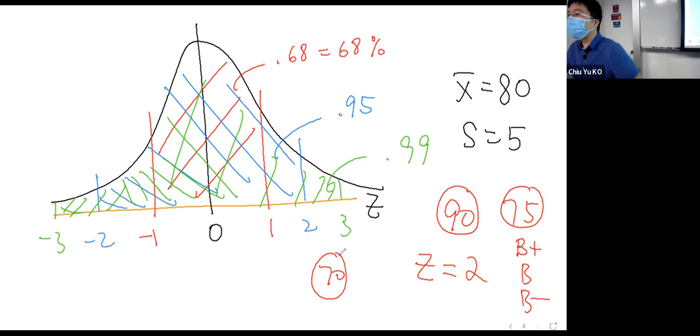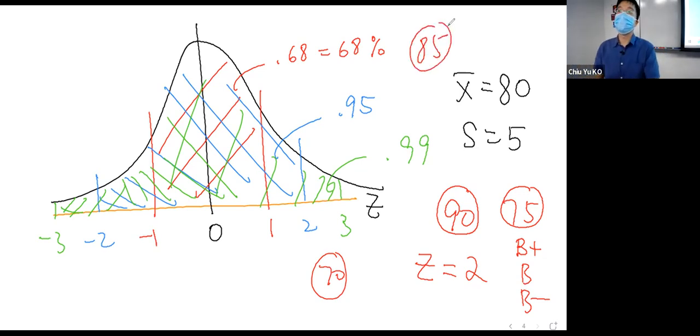If you're on the fringe of 1 SD below, then actually you're not doing very well, although it seems like you're just 1 SD behind. If you are at 85, although you're just 1 SD above the mean, you're doing pretty well, because 70% are within 1 SD. You are past the fringe of 1 SD, actually doing pretty good.